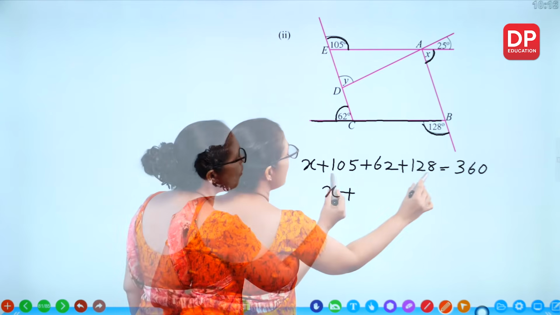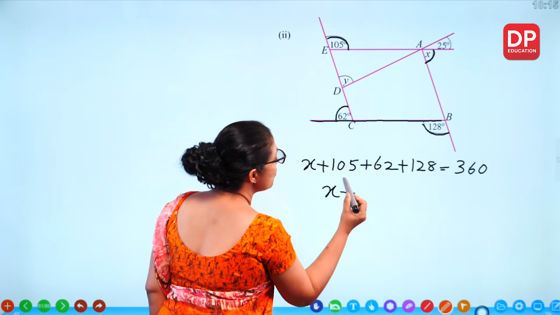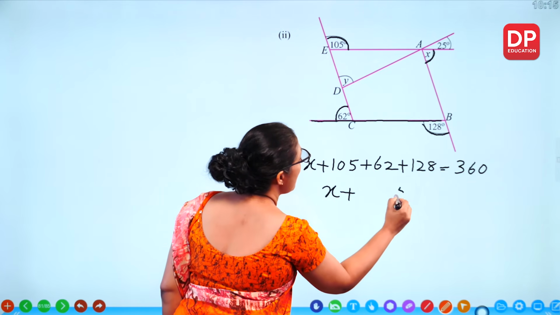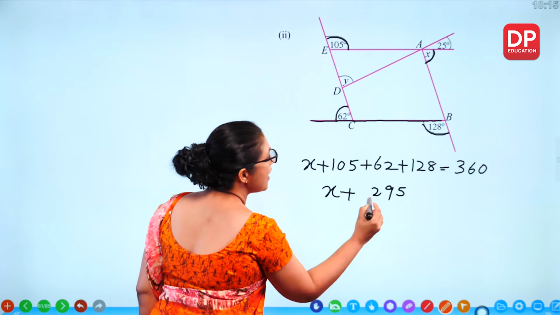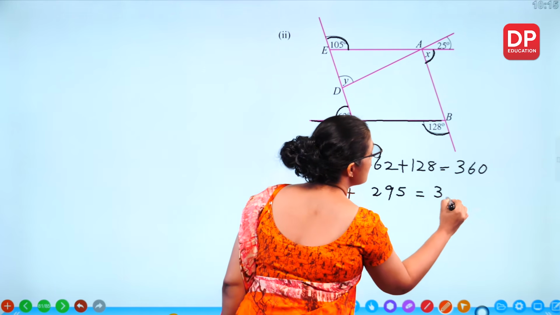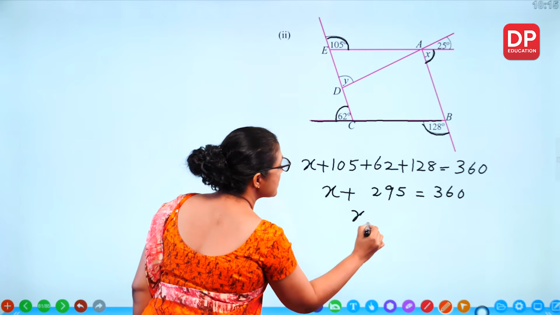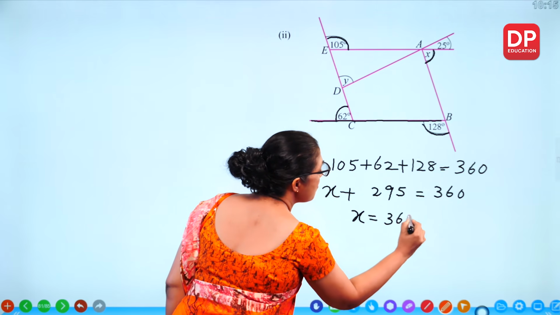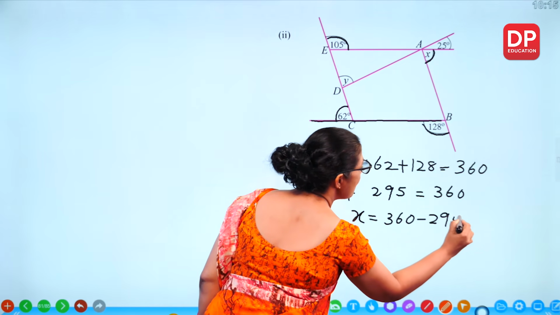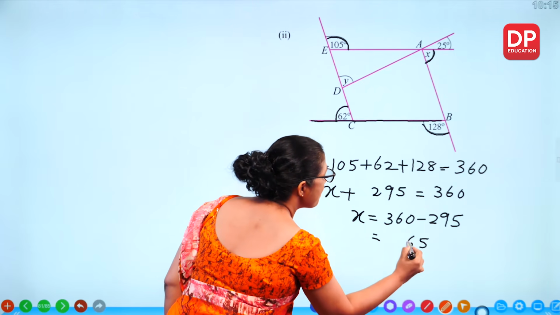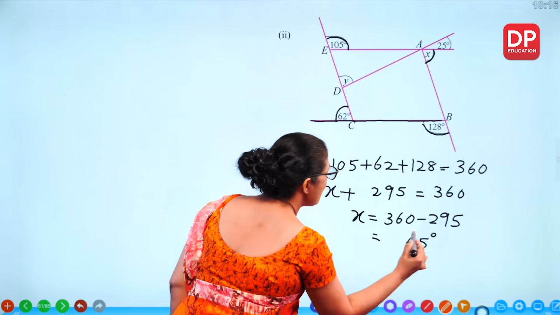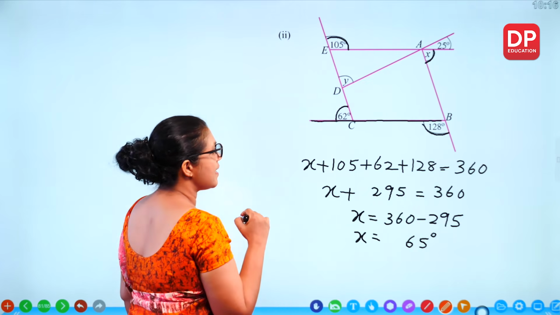X plus, when you add these three, what do you get? 295. So 295 plus x is equal to 360. So what's x? 360 minus 295. So 65 degrees is x.